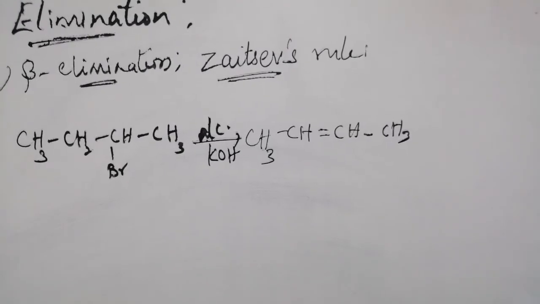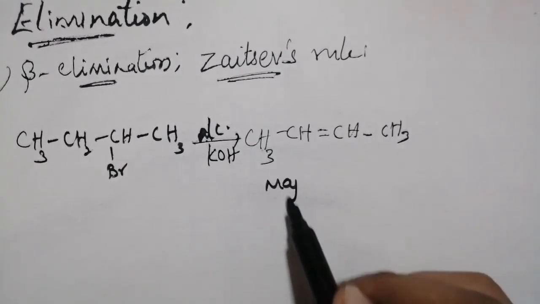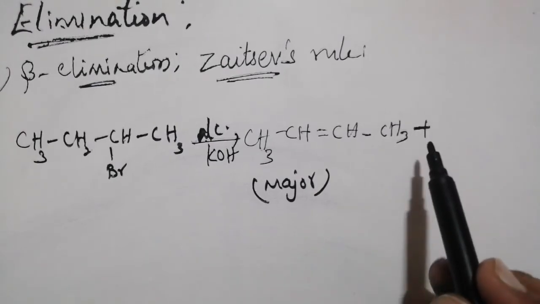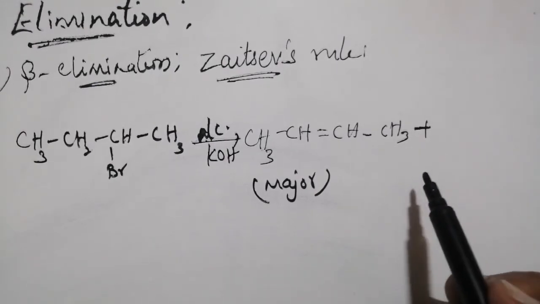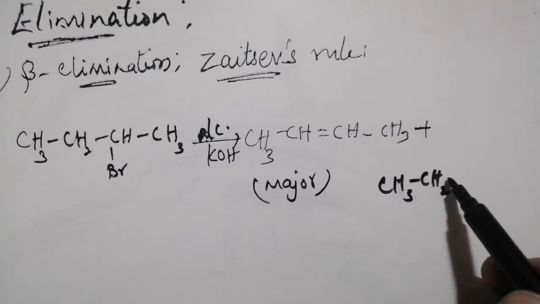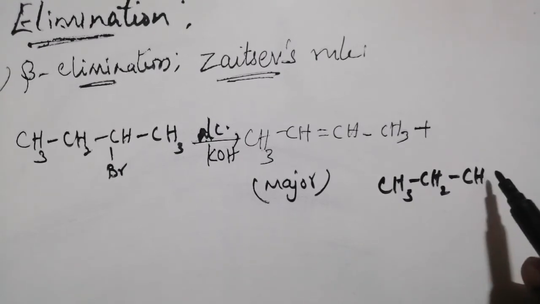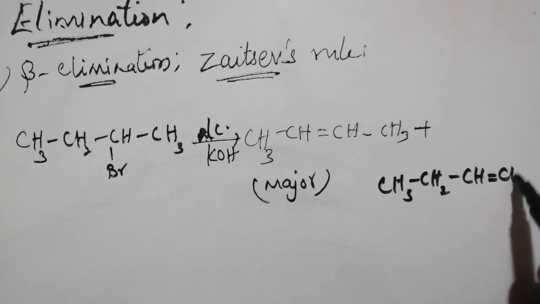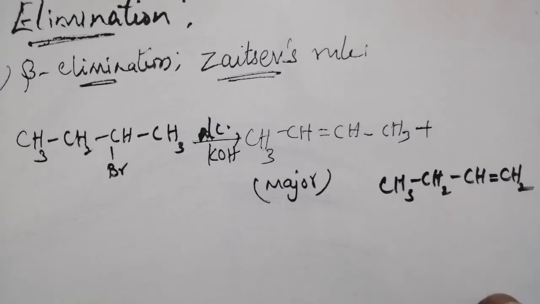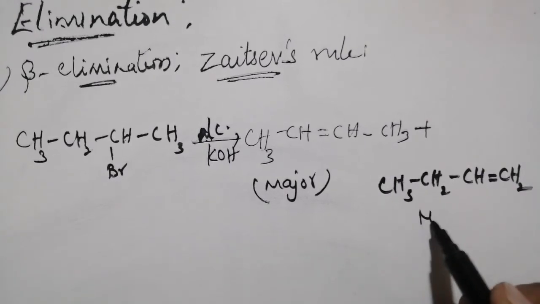This is my major product formed. Plus I will have one more product like this: CH3, CH2, single bond CH, double bond CH2. This is the minor product.